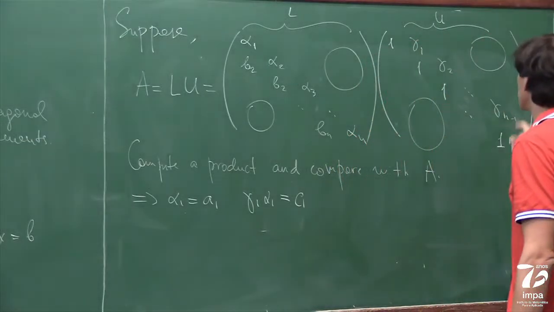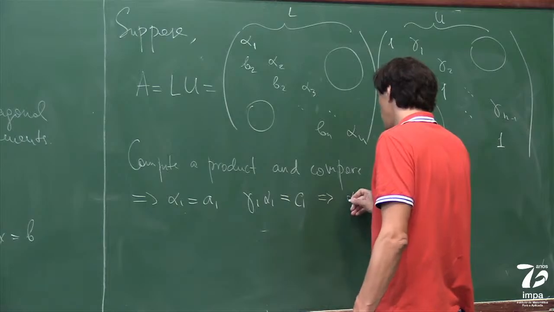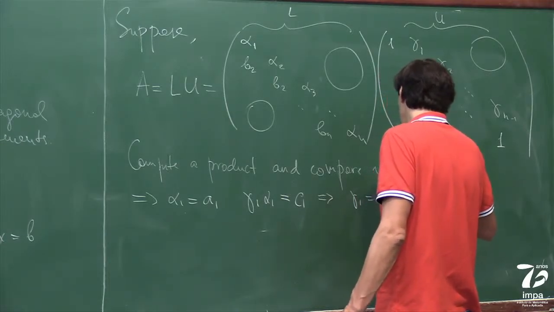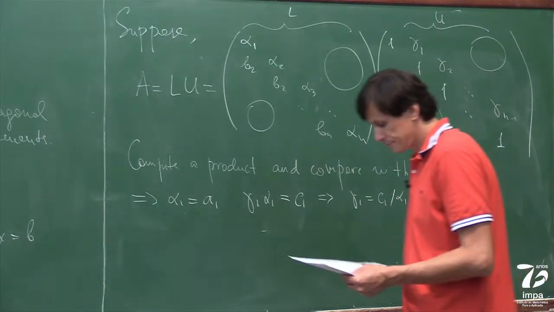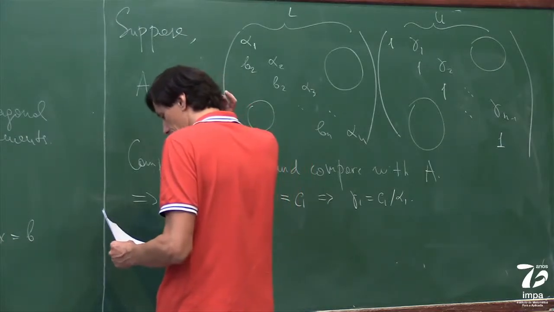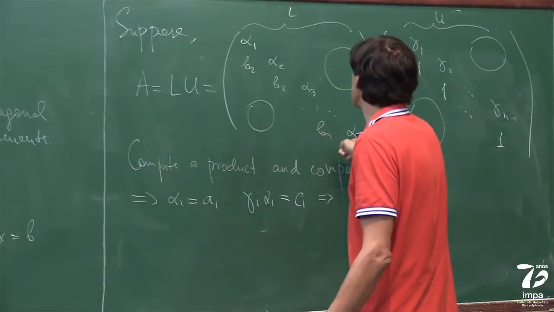The other products will give 0. So this means that gamma 1 is C1 over alpha 1. So we found alpha 1 and gamma 1. So the next step, of course, if you can divide, so if it's not 0, then we can do the same for these 2 elements, for these 2 elements, for these 2 elements.